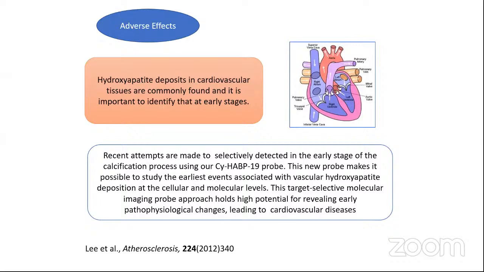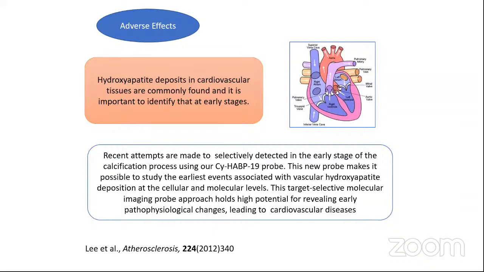Recent attempts have been made to selectively detect the early stage of the calcification process using a probe. It is the CYHBP19 probe, a fluorescent probe. This new probe makes it possible to study the earliest events associated with vascular hydroxyapatite deposition at the cellular and molecular levels. So this target-selective molecular imaging probe approach holds high potential for revealing early pathophysiological changes leading to cardiovascular disease.